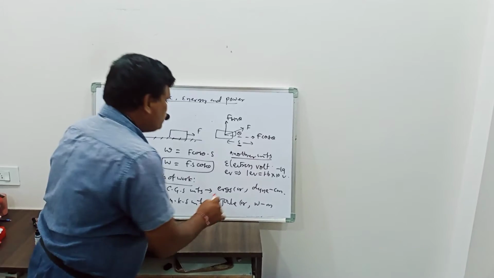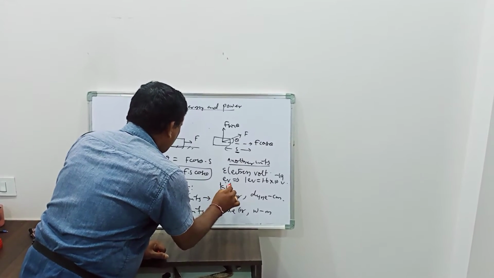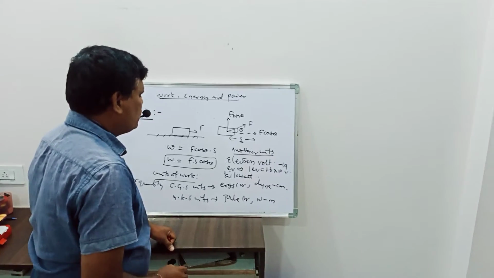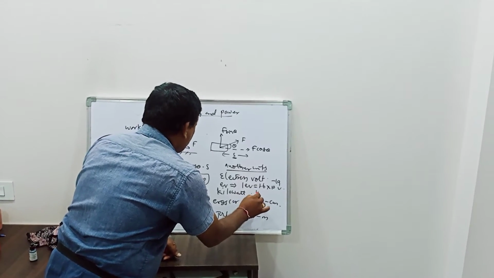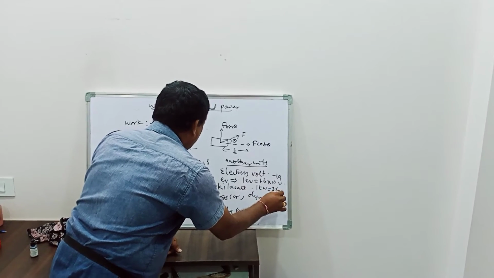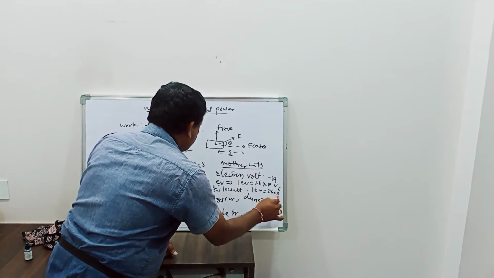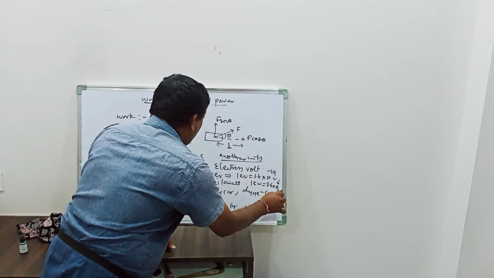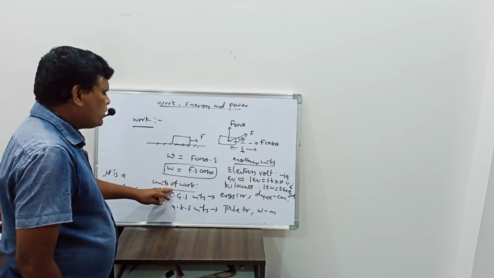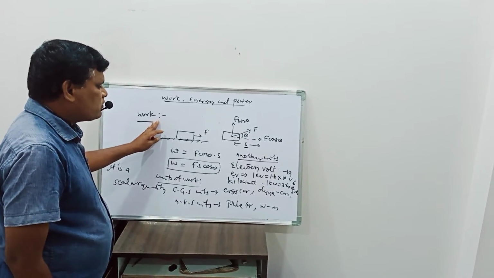And we can also measure in kilowatt hour. 1 kilowatt hour is equal to 3.6 into 10 to the power of 6 joule. So these are the units of work.